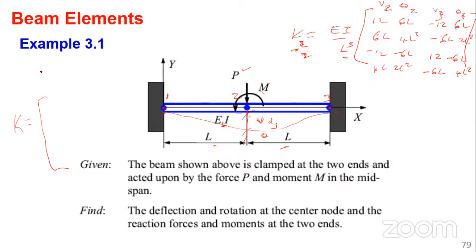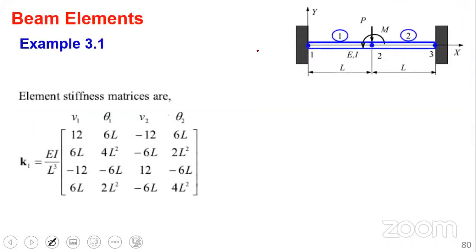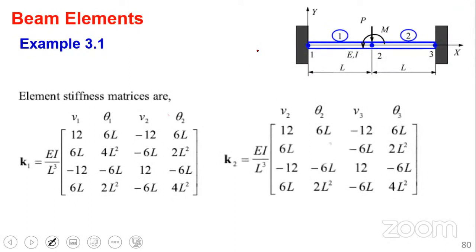So your matrix will contain V1, theta 1, V2, theta 2, V3, theta 3. What we do now is just a matter of using the principles for imposing the compatibility condition. You can match K1 and K2 to come up with K1 like that. K2, you can see they are the same. The matrices are the same, though they represent different quantities.